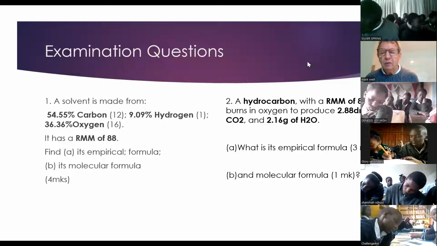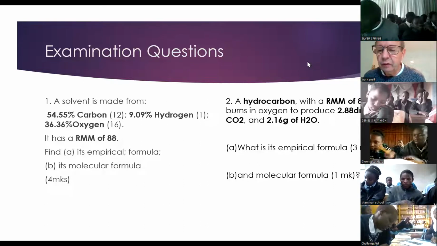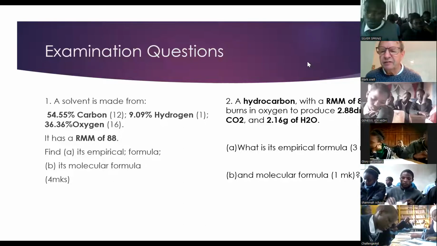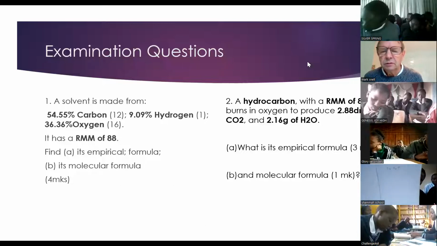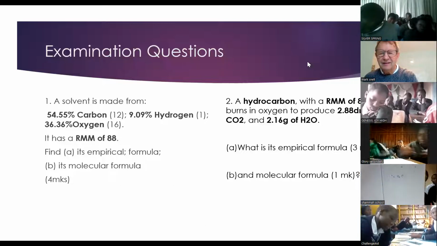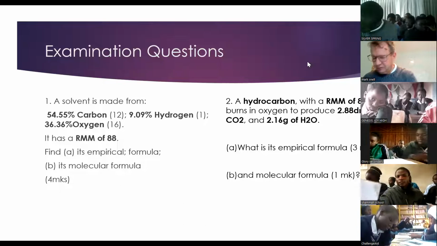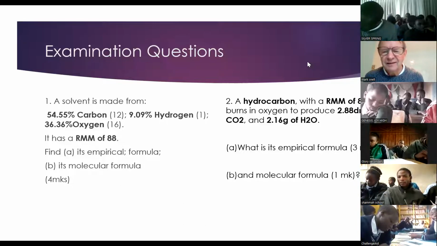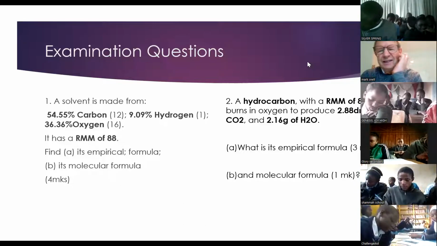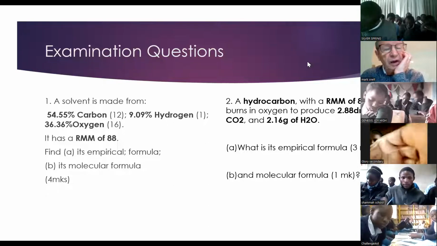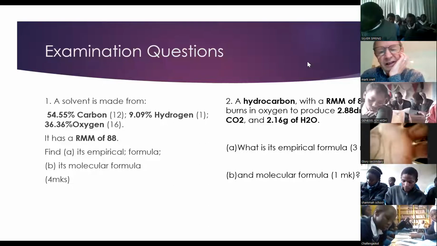The one on the left, number 1, is fairly straightforward. The one on the right is pretty tough. Right. Is that the molecular formula, Shama? Is that because it says 2 parts, A, the empirical, and B, the molecular formula?